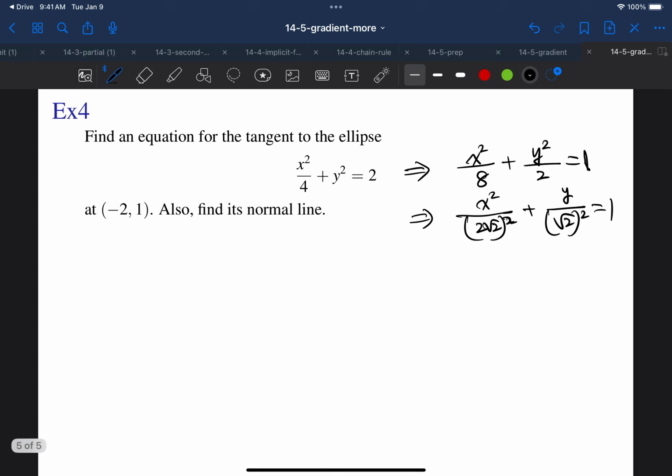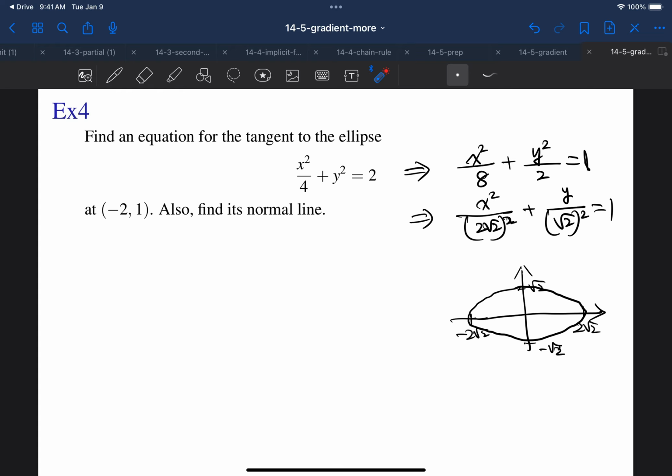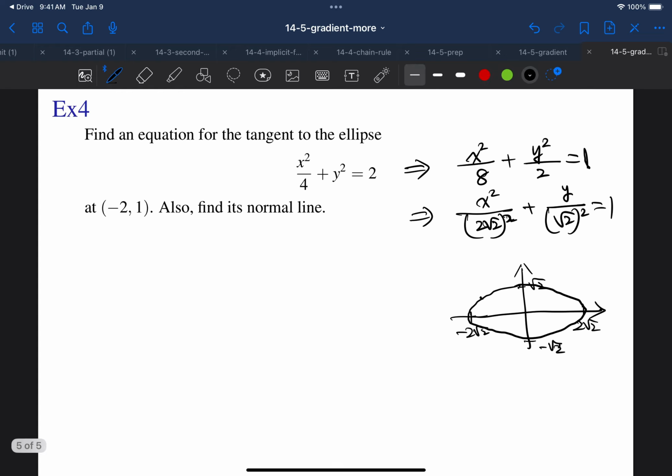This kind of equation typically gives you a round shape, and x can go to negative 2 at most, and y to the square root of 2 and negative square root of 2, and the curve is going to be this ellipse. And -2, 1 is the point we're interested in. So you're sitting at -2, 1 somewhere here, and we want to know what the tangent line is.